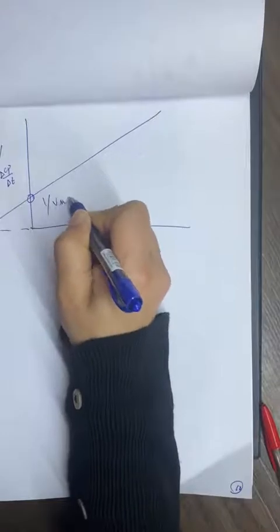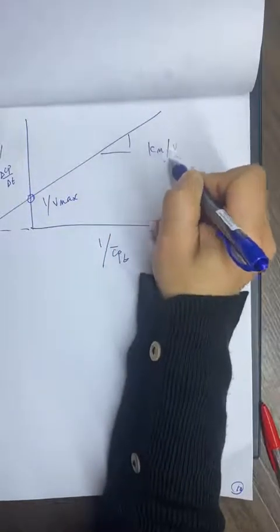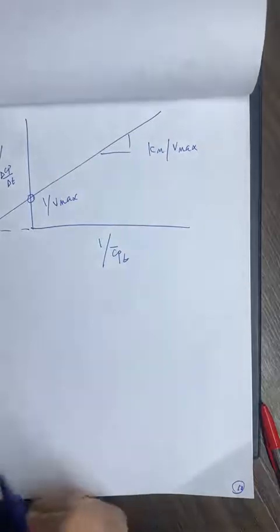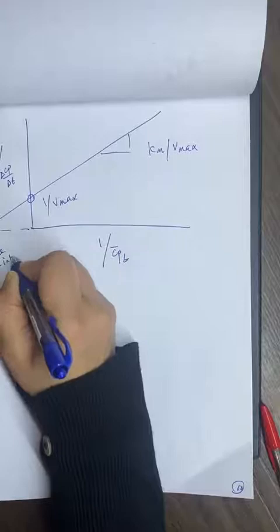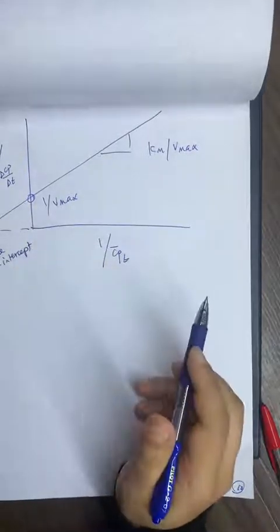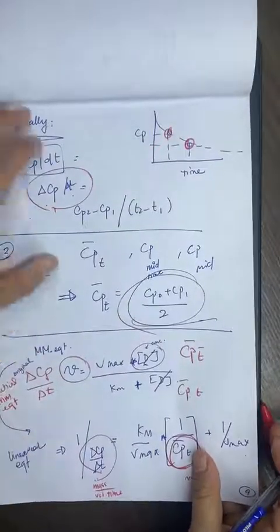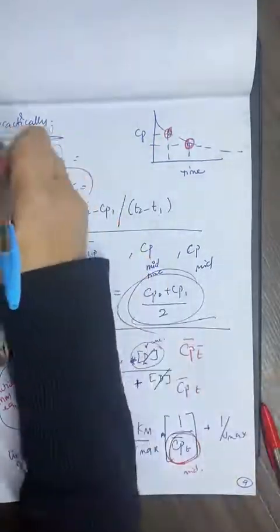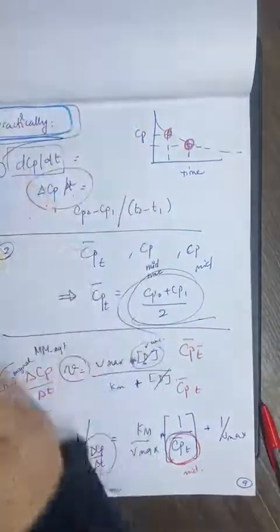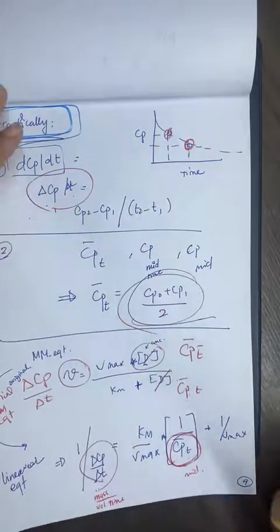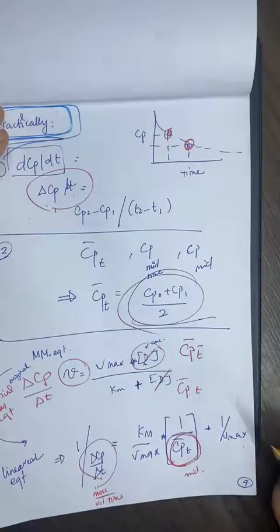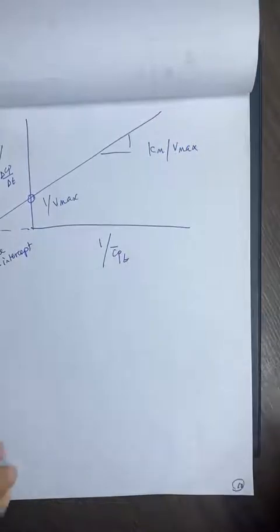You will have 1 over Vmax, you will have Km over Vmax as a slope, and you will have the same x-intercept that we have already. Okay, so the idea of this is just the way we can deal with it practically, so we can decrease the number of experiments that we need to do, or the number of samples that we need to acquire for the experiment. Okay, this is how you deal with single dose kinetics.